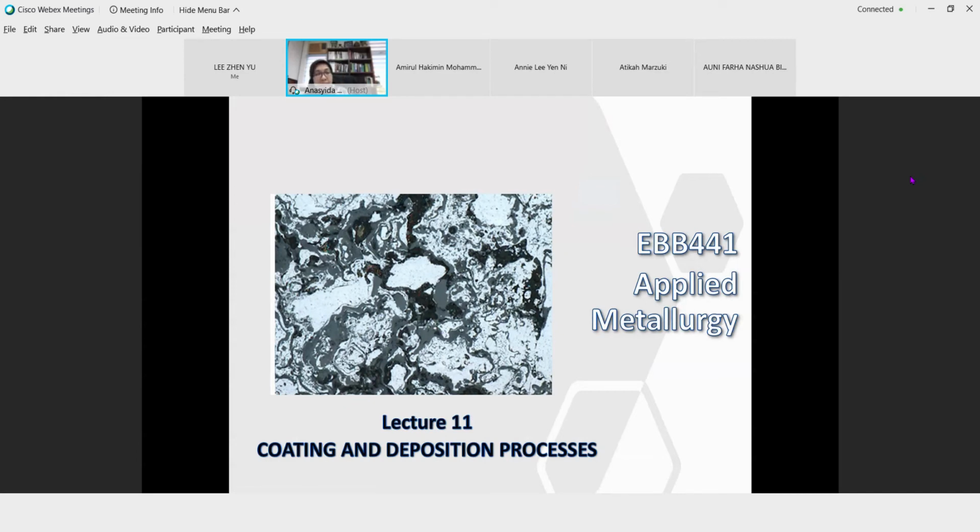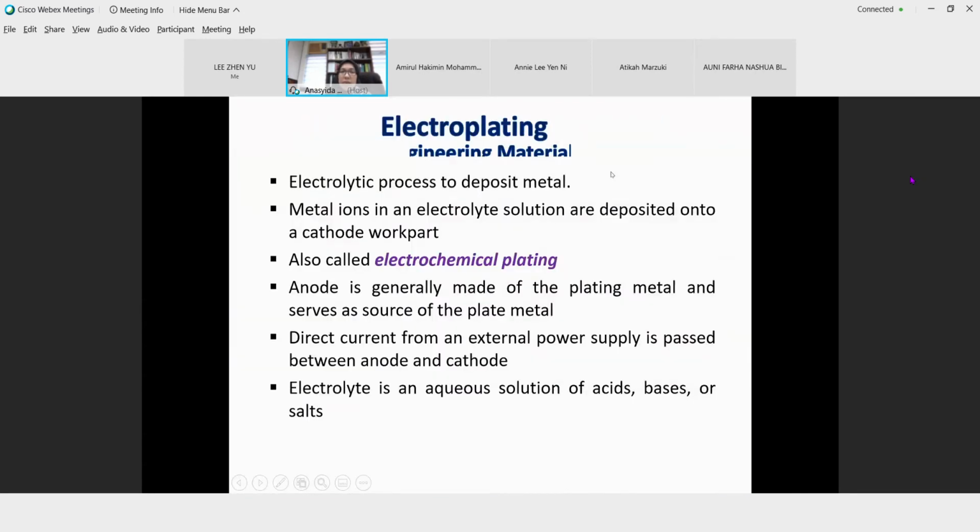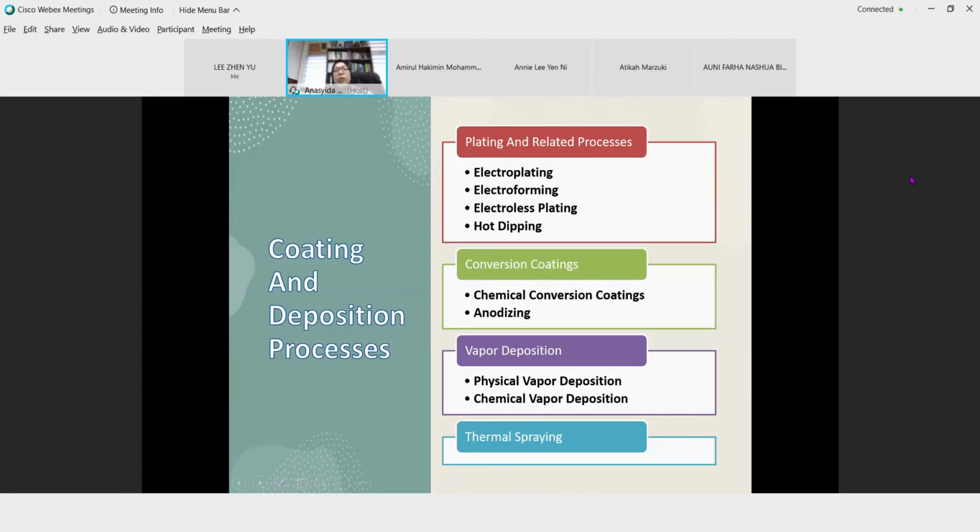And if I have time, I will also cover hot dipping. So this is the family of coating, the related processes on coating. Can you see? So we will cover electroplating, electroforming, electroless plating, and hot dipping. I'll try to cover until hot dipping.